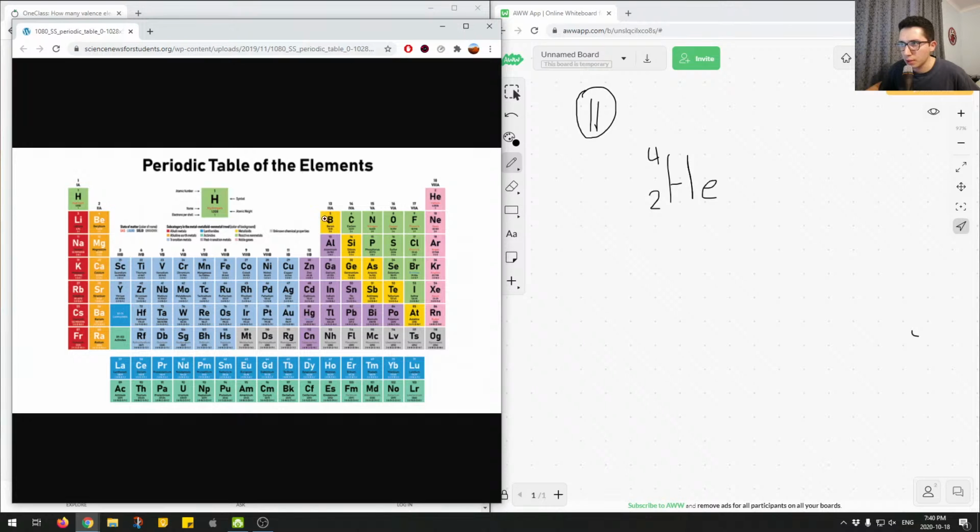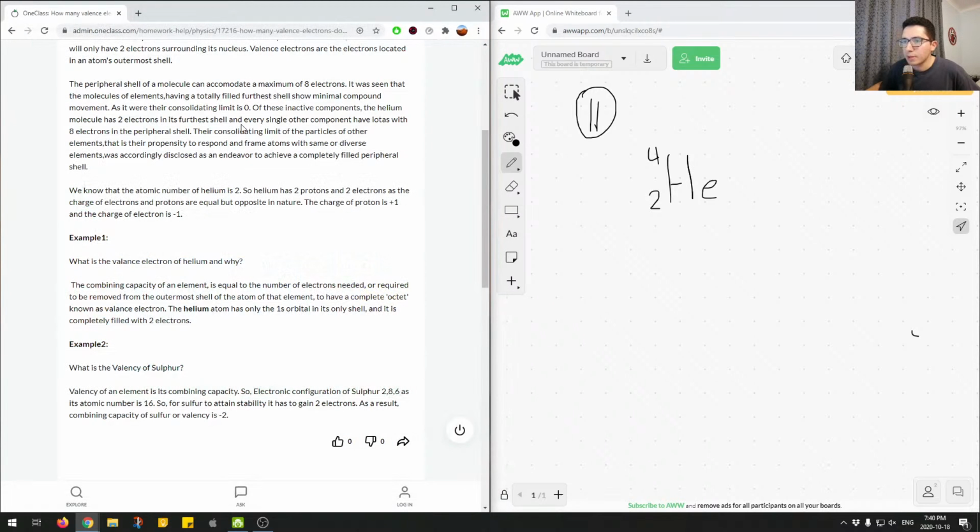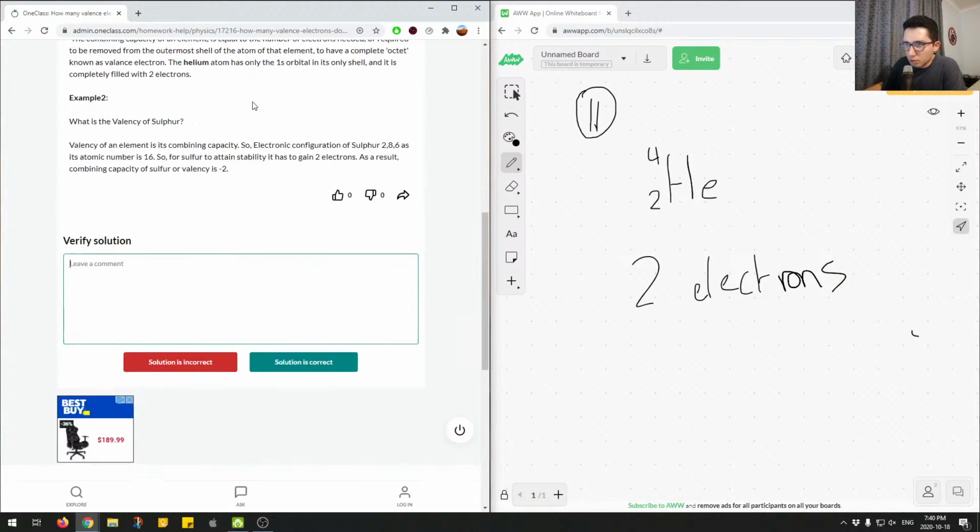Here we'd have 2, here we'd have 3, 4, 5, 6, 7, and then helium is special, we'd only have 2 electrons. The rest have 8 electrons in their valence shell. So that's a way to think about how many electrons are in the valence shell for these atoms. So here we'd say 2 electrons is the answer. So say correct answer, great job. And we'll mark this as correct.